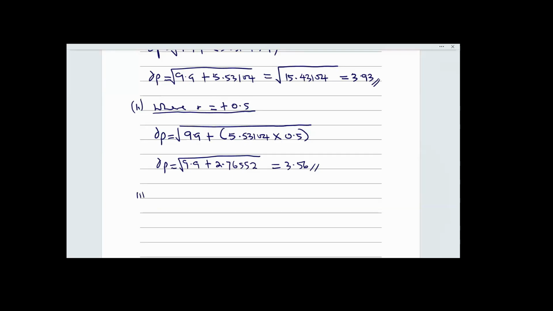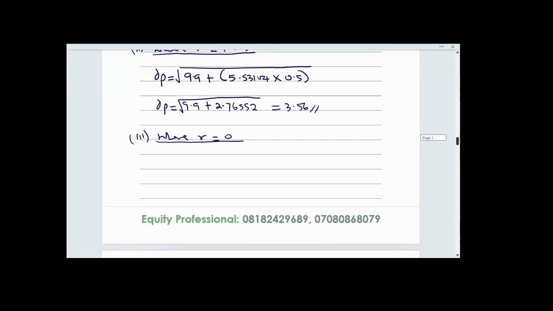Then the third one, where R is equal to 0. If R is equal to 0, it means that the right side will be equal to 0. So dp equals the square root of 9.9 plus 5.53104 multiplied by 0.